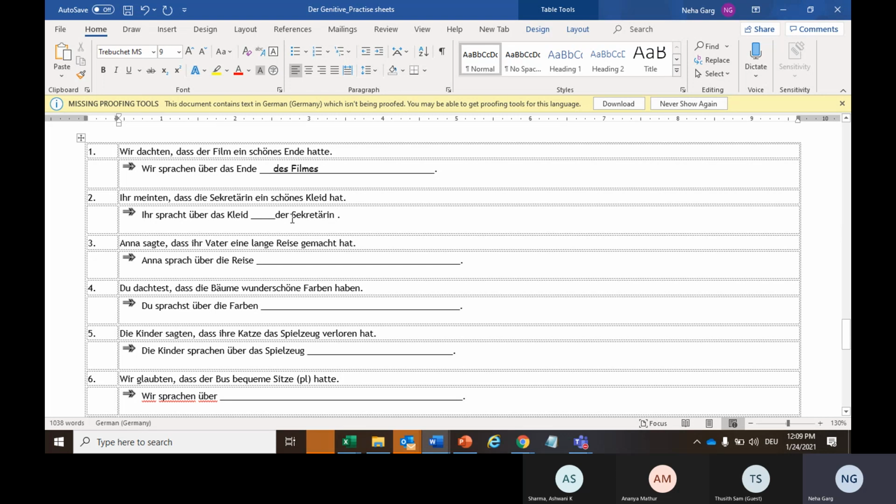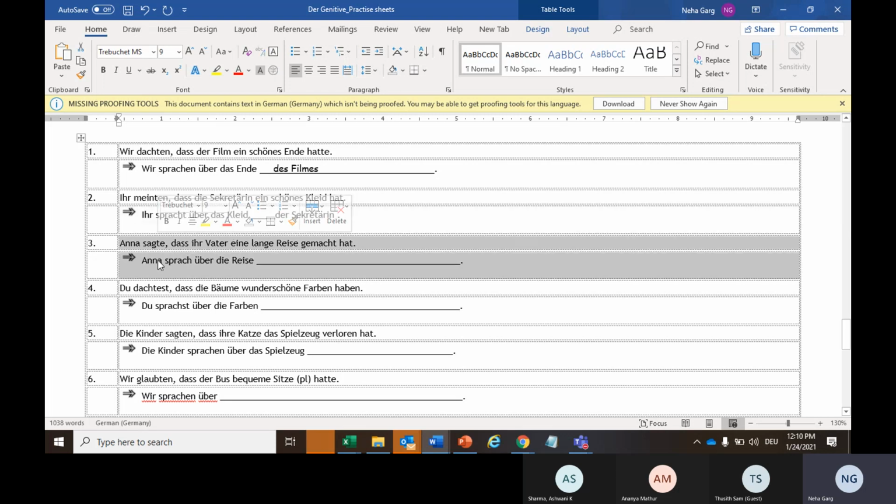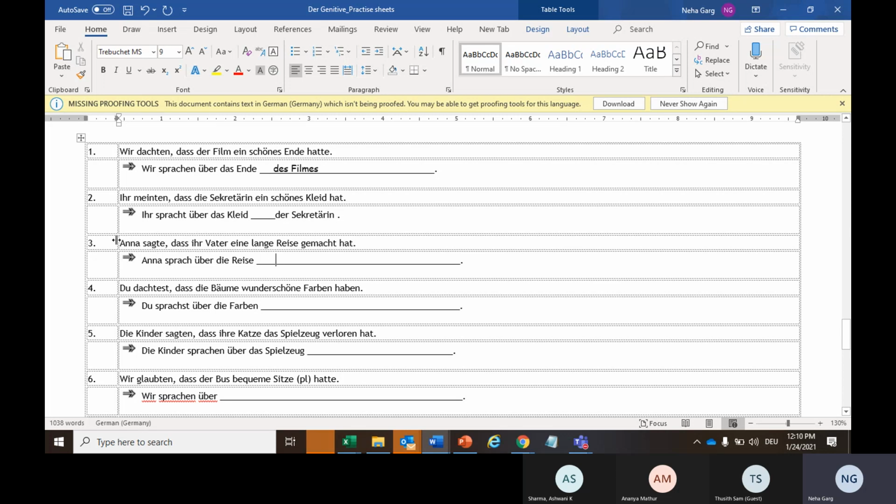Next sentence. Ananya, could you please read that for us and tell us what the answer should be for Nummer 3? Ja. Anna sagte, dass ihr Vater eine lange Reise gemacht hat. Anna sprach über die Reise.